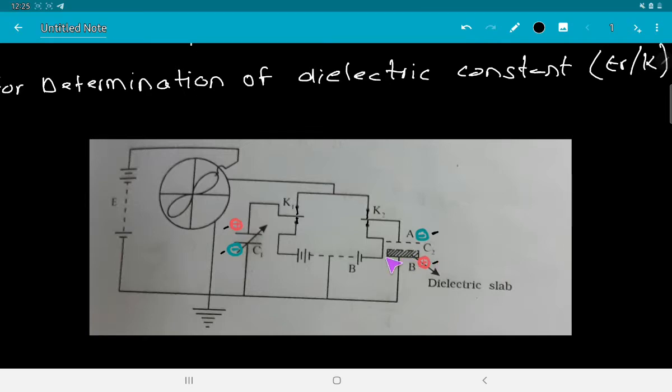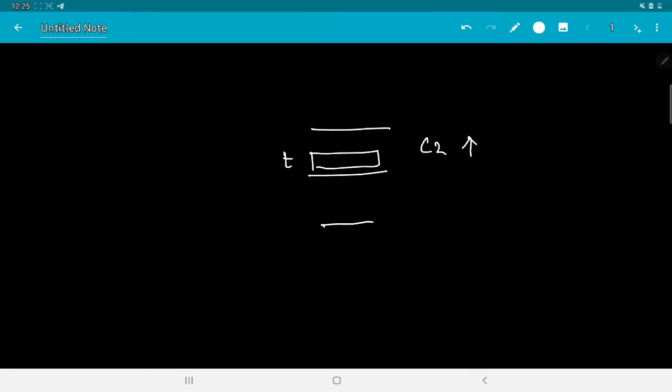Now when we introduce a dielectric slab, the capacitance of this capacitor will increase. But we are going to move this lower plate and increase the distance between these plates. So when we introduce a dielectric of thickness T between the C2 plates, the capacitance of C2 will increase, but we will try to move this lower plate to more distance.